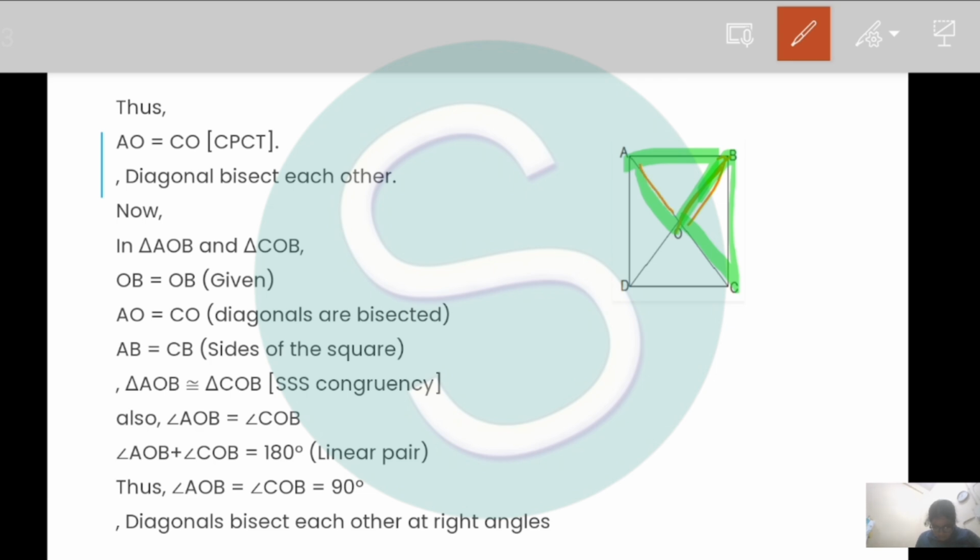Secondly, we have proved in the earlier part that AO equals to CO, and since this is a square, AB equals to BC as all sides of a square are equal. So by SSS congruency, triangle AOB is congruent to triangle COB. Also, AOB equals to COB by CPCT.